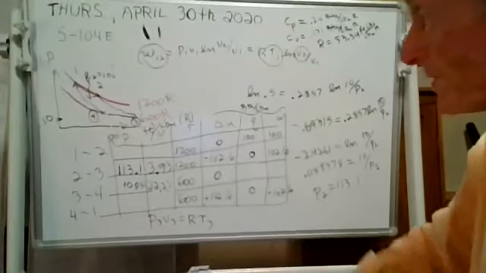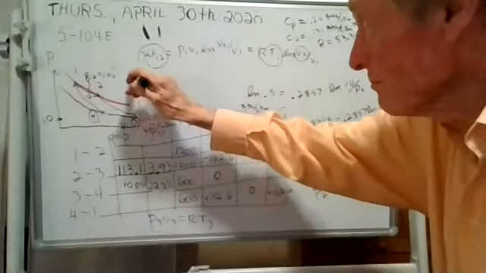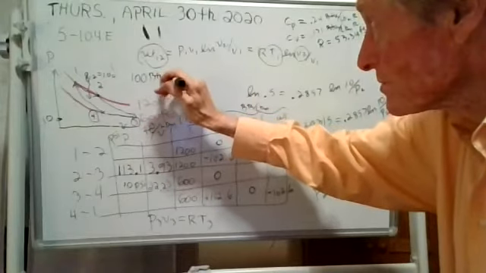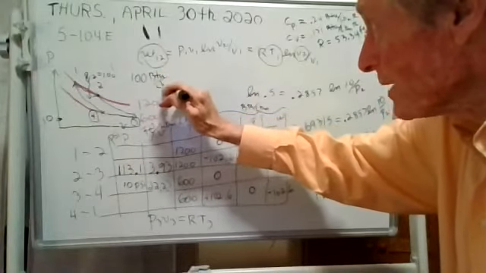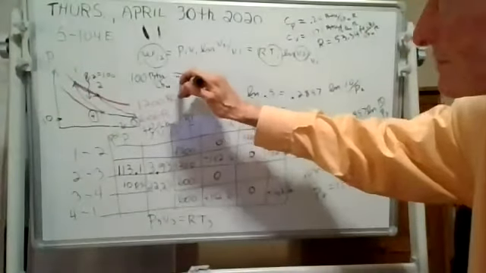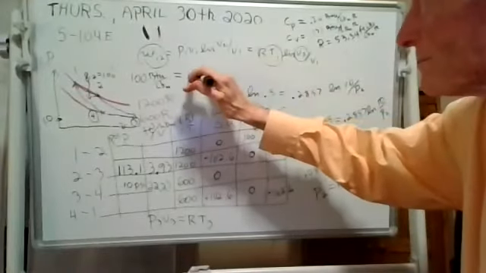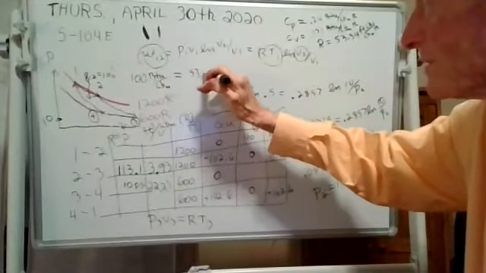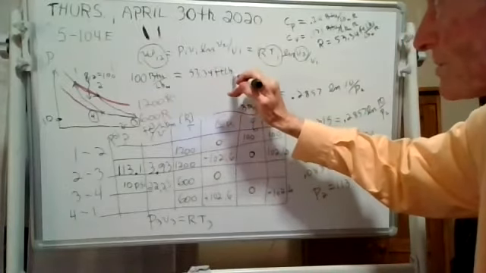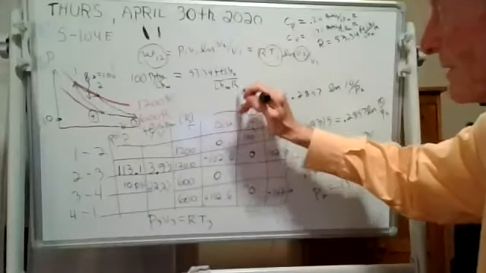So here, let me put in the numbers. This is 100 BTUs per pound mass. R is 5334 foot-pounds force per pound mass Rankine.